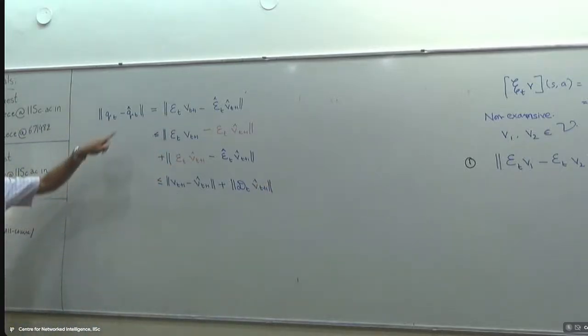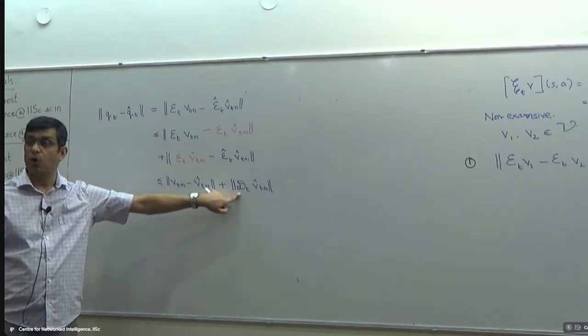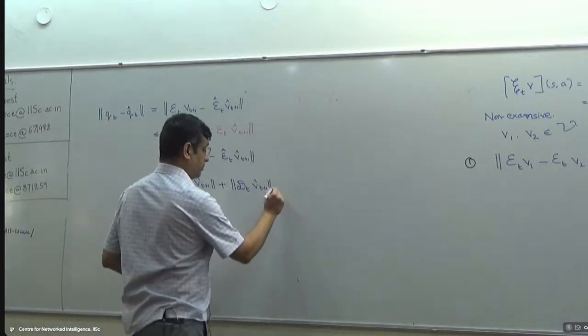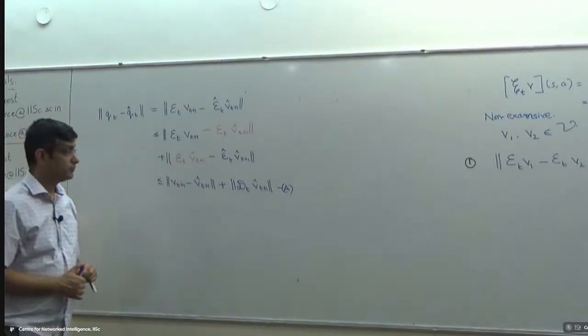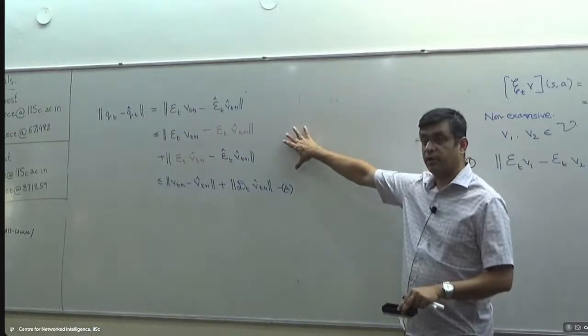So, I get a one step recursion in terms of the norm of the mismatch operator. Let us call this bound A. I will derive a different bound, and then my main statement will be the combination of these two bounds. Any questions on this thing? It is just simple triangle inequality.